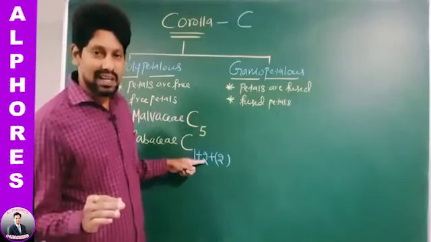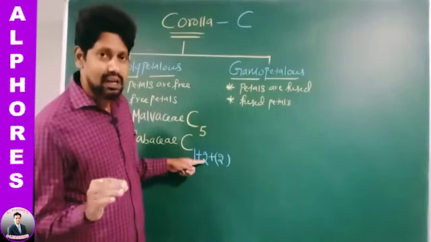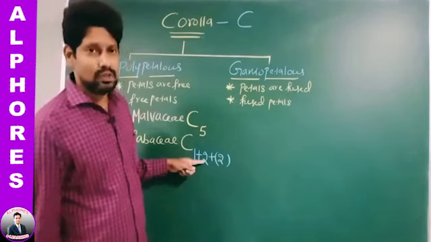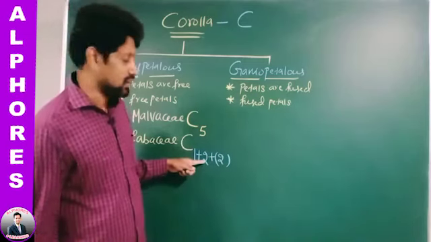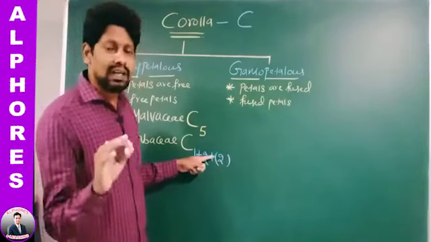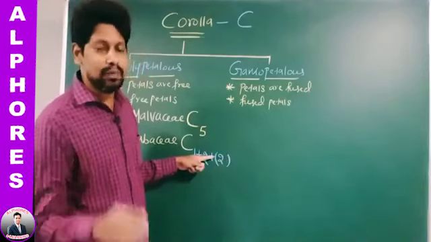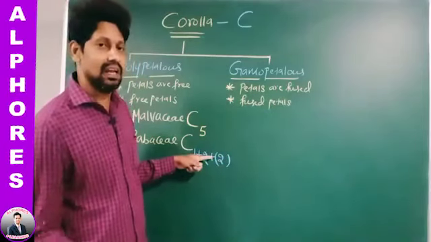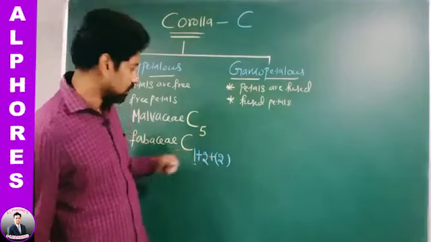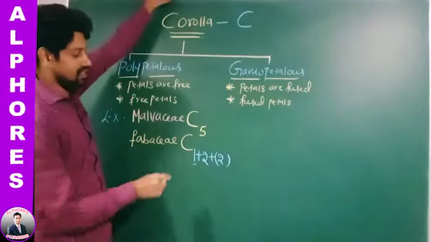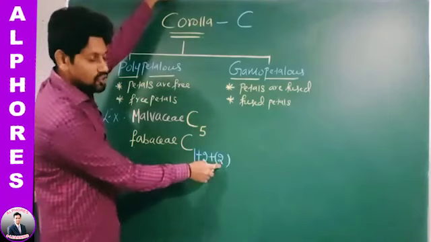These 2 petals are called wing petals. These other 2 are called keel petals, K-E-E-L. Therefore, how many petals are present here? 1 plus 2, 3, plus 2, 5.